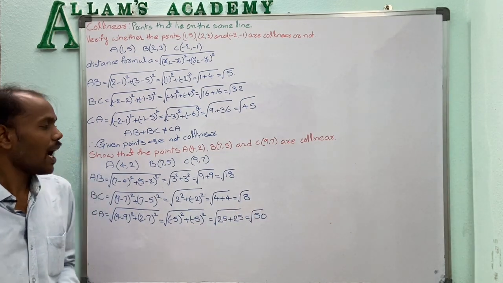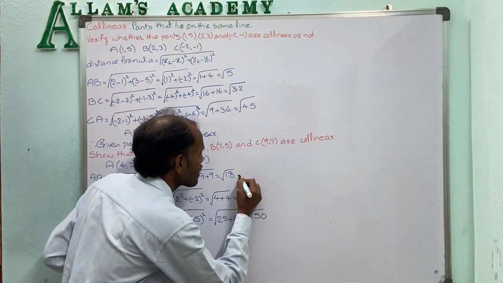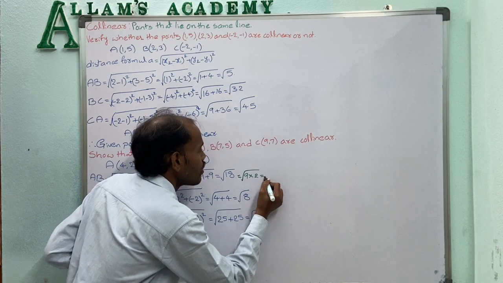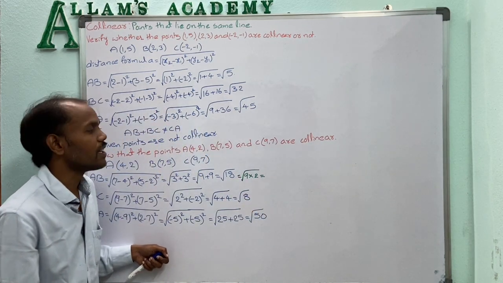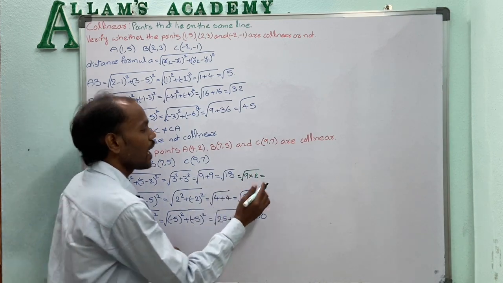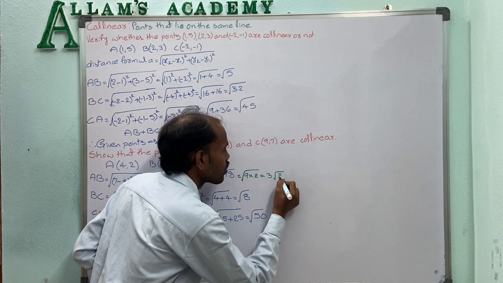But root 18 can be expressed as under root 9 into 2. So root of ab equals root a into root b, so we can write root 9 into root 2. Root 9 equals 3, so it is expressed as 3 root 2.